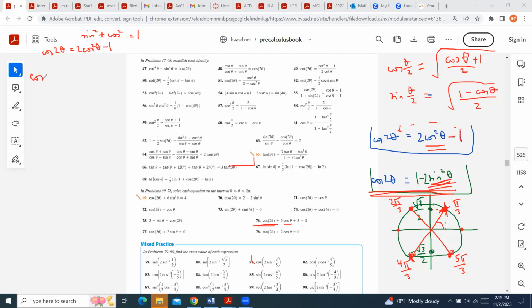It's cosine of 2 theta, and we add it with 5 of these cosine theta plus 3 is equal to 0. Okay, so number 76, right? That's what you were asking me to do, and let us enjoy it.